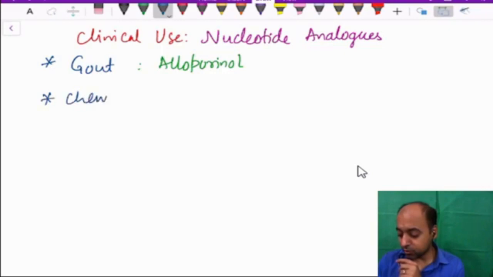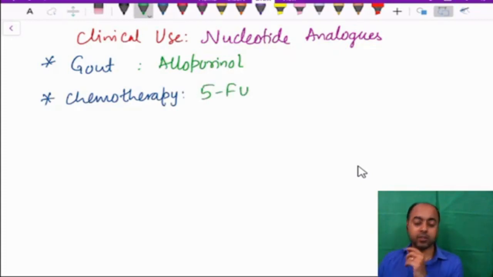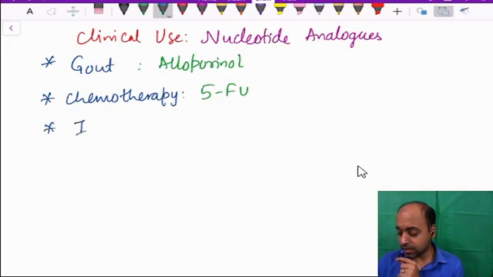Subsequently, they came to be used in chemotherapy. The classical example being 5-fluorouracil, and using the same property, they have also been used as immunosuppressants.